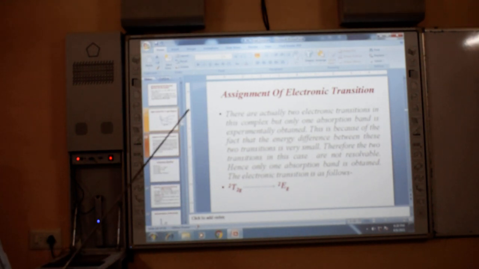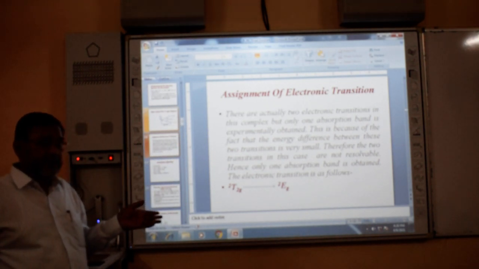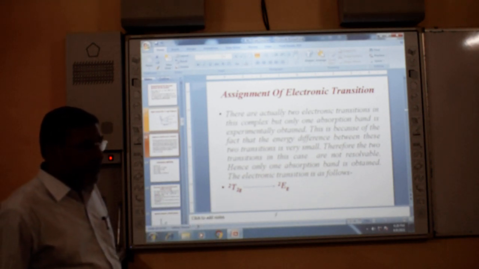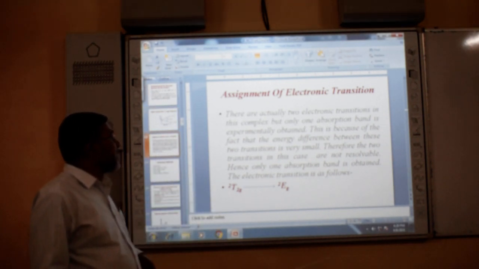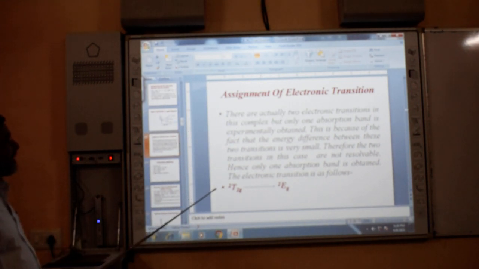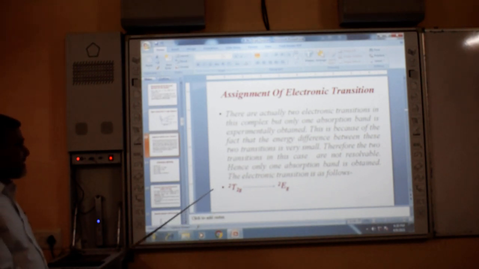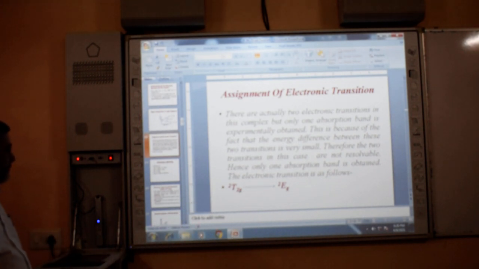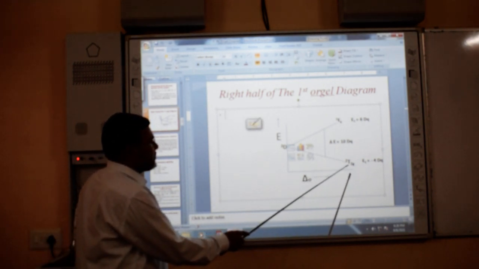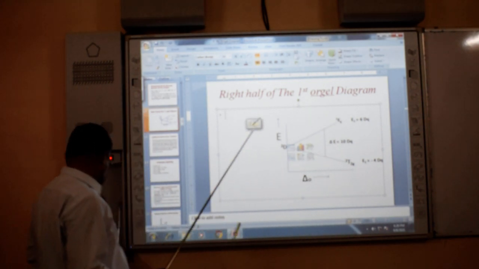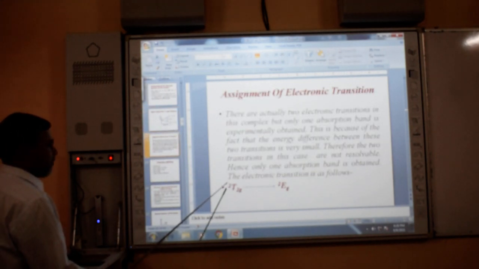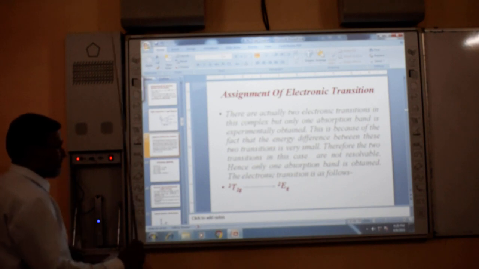Now, in interpreting the spectrum of the transition metal complex, we assign the electronic transition. The assignment of the electronic transition is this one: doublet T2g to doublet Eg.